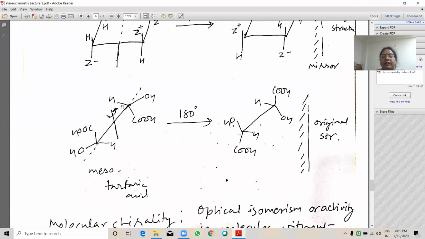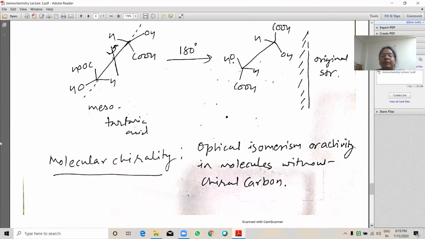Meso-tartaric acid, when it is rotated by 180 degrees, its mirror image is superimposed on each other, and this molecule is again said to be optically inactive.